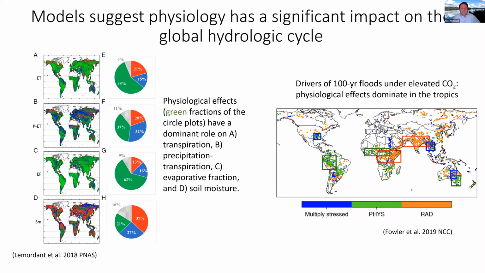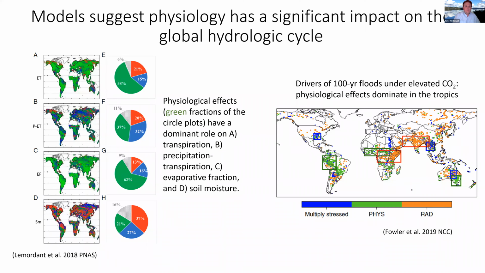Here are some examples that I enjoyed learning about recently, and it's helping me understand the system better. The models suggest there is a large physiological impact on the global hydrologic cycle, this being in addition to radiative effects. The green fraction of those pie charts represents the physiological effects on 4 parameters. In panel A, it's evapotranspiration.